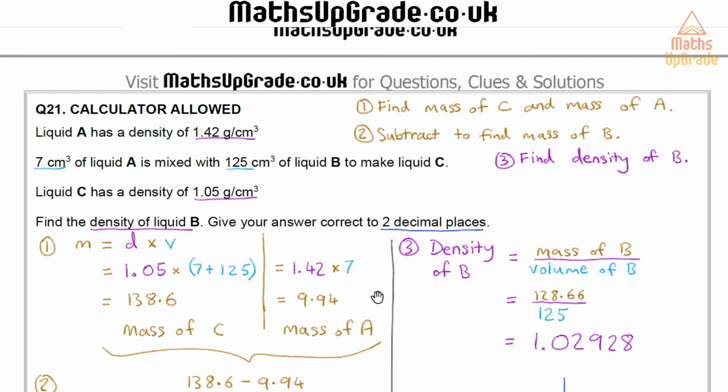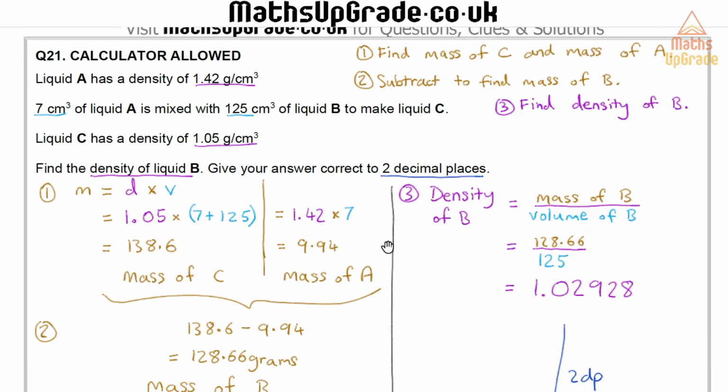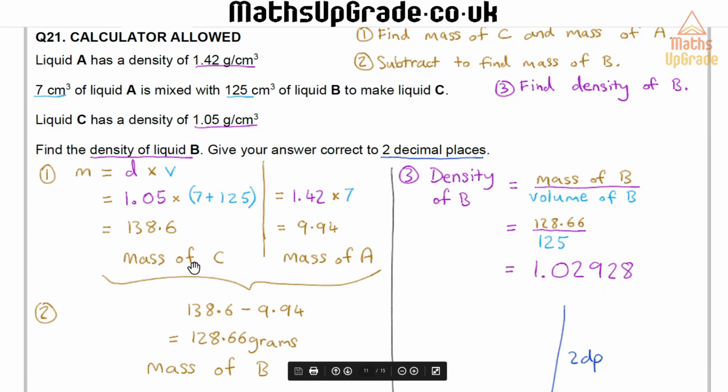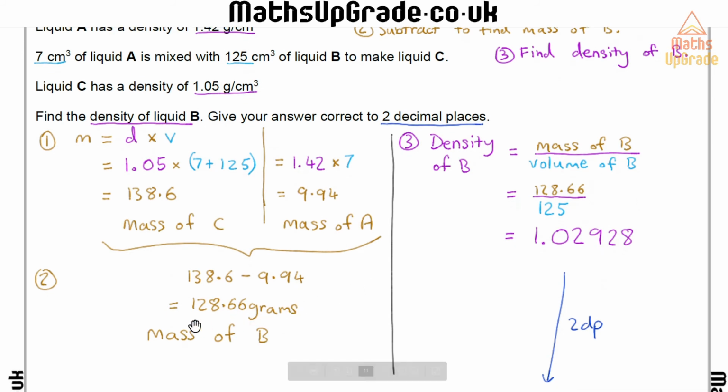So now, to find the mass of B, well, A add B gave C. So to find B, I can just subtract these two. By subtracting these two, I'll get the mass of B, and that is given as 128.66 grams.